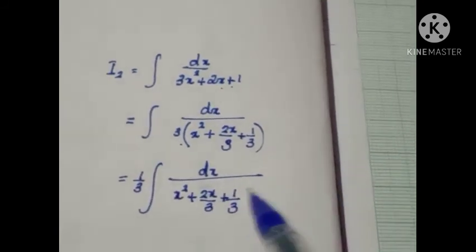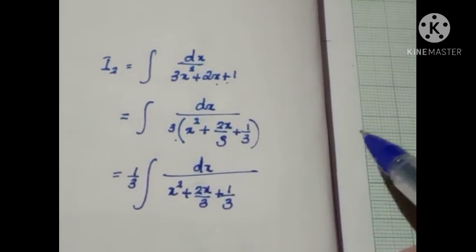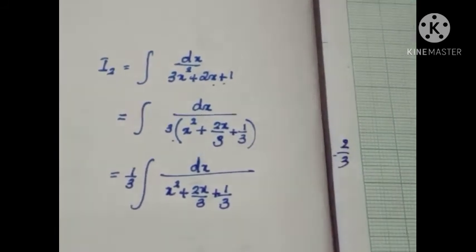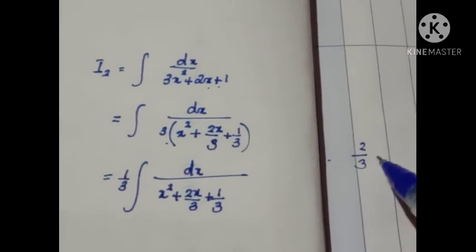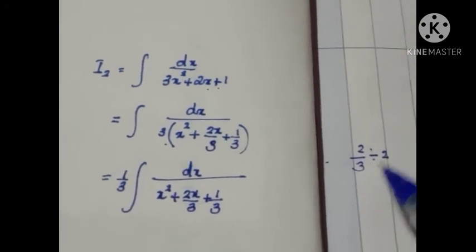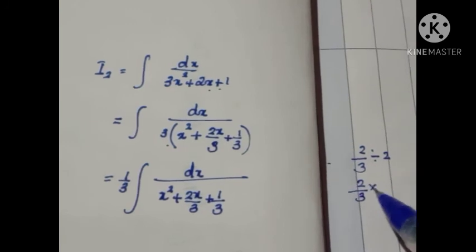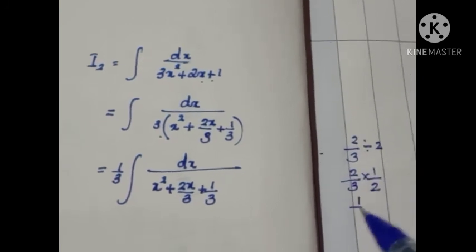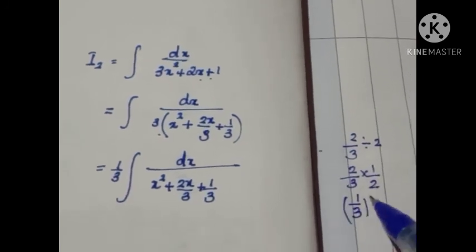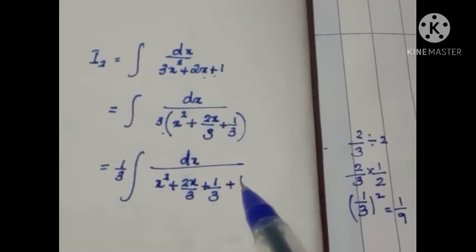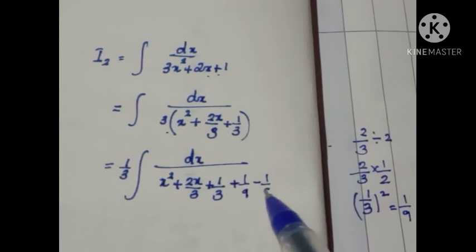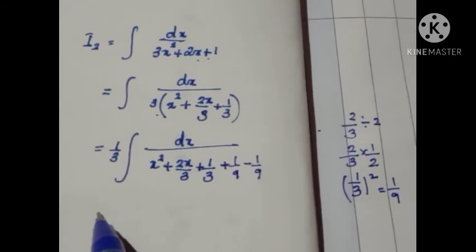Now listen, coefficient of x is 2 by 3. Take the half, divided by 2 or multiplying by 1 by 2. So this is 1 by 3 and its square is 1 by 9. So adding and subtracting 1 by 9. This is the process.